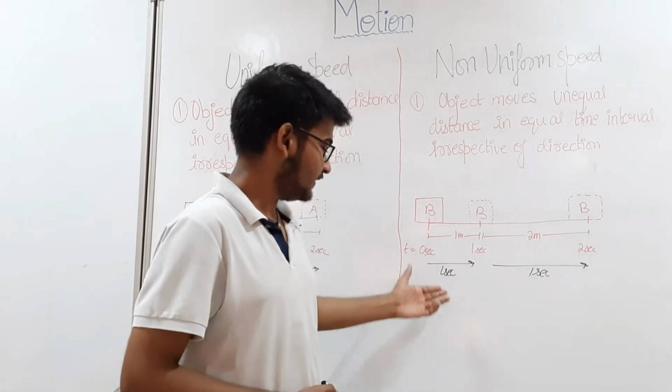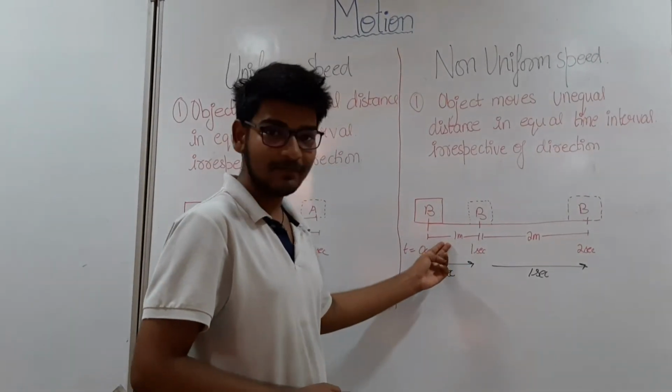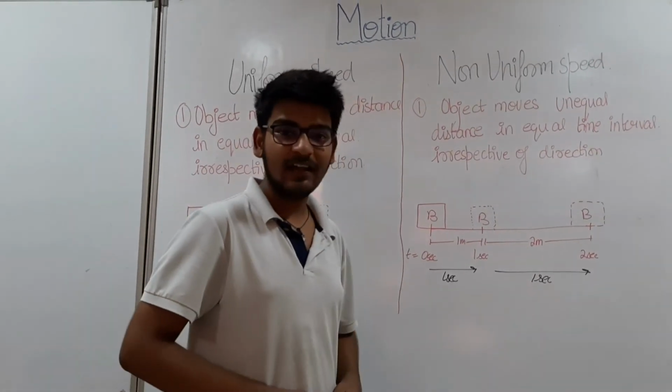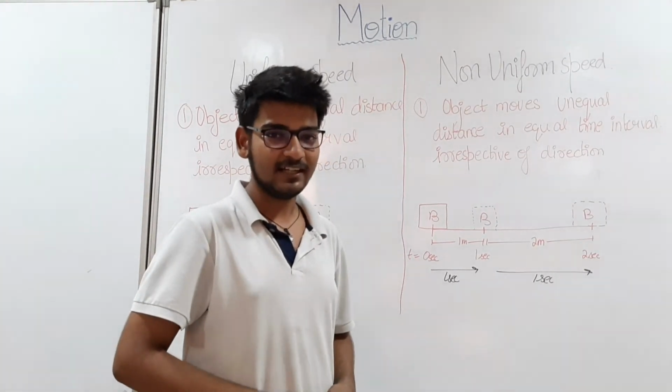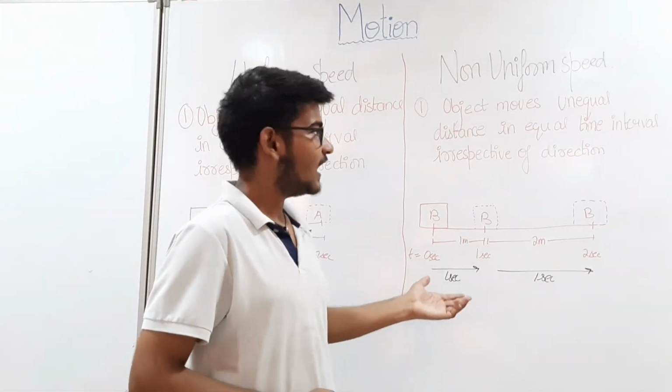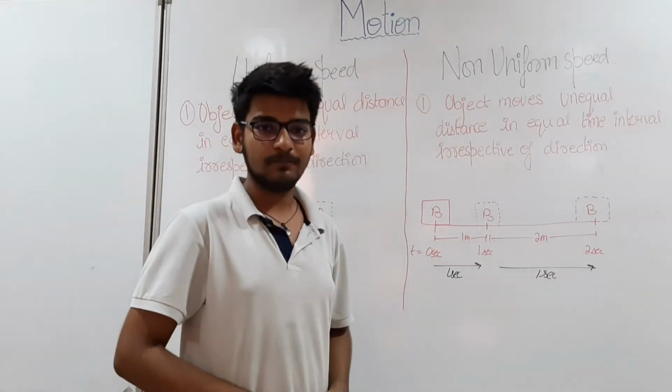So in equal time interval, it has moved 1 meter and 2 meters, that are unequal distances. So we say that object B has non-uniform speed.